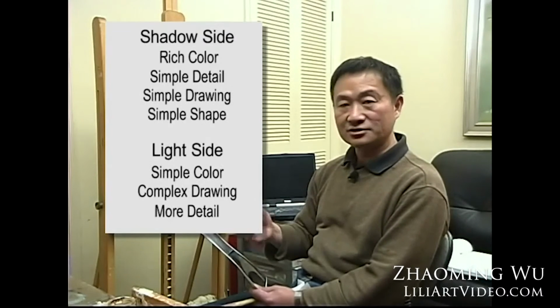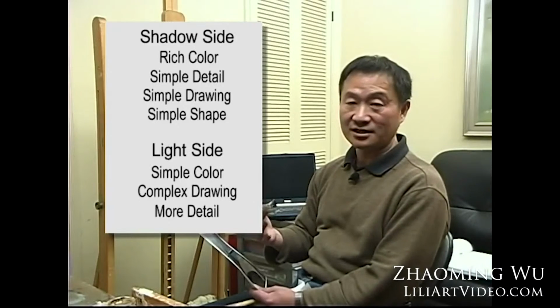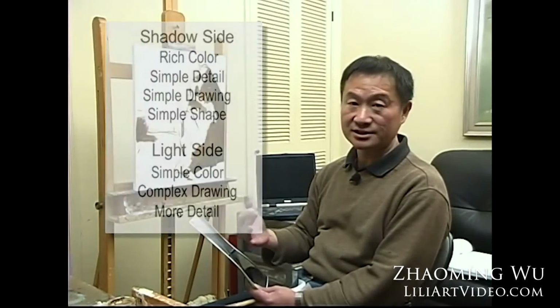So I can conclude my philosophy on painting using color and drawing: on the light side you see the drawing, on the shadow side you see the color. Of course, it doesn't mean no color on the light side or no drawing on the shadow side, but the shadow side is more in charge by the color, and the light side more in charge by the value and drawing.